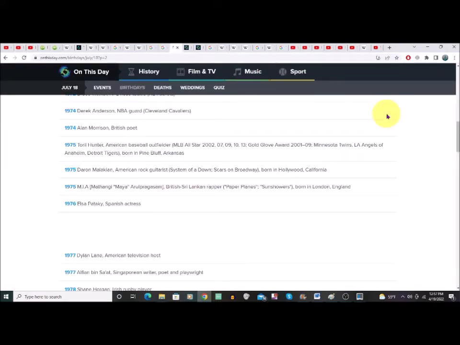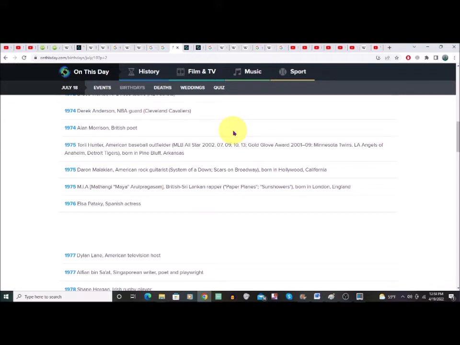Okay, so I've got the dates that we can get up. I've got the 6th of July up because that's the 187th day of the year, and I've got the 187 here, July the 18th, and the other date I've got up is August the 17th.